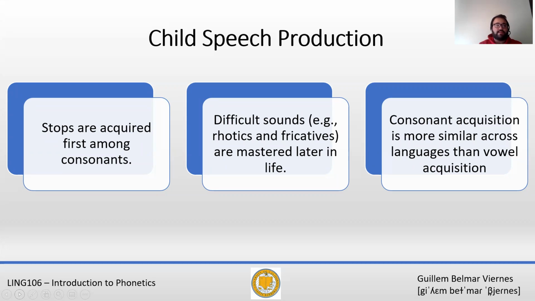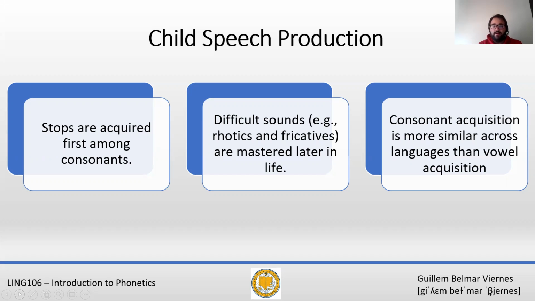Sometimes for fricatives, the problem might be the place of articulation, that it's difficult to master. Other times, voicing in fricatives is also complicated because of the pressure needed to make the vocal cords vibrate. So there are a lot of articulatory reasons that explain why all these things take much more time to be acquired.